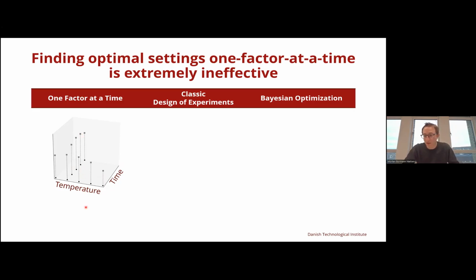And this is extremely ineffective for anything that is moderately complicated, simply because there's no guarantee that you will find an optimal solution, even when it exists within this playing field that your factors are defining. And it becomes very confusing and complicated to keep track of what you have tested if you just do this in an Excel sheet or on a piece of paper, which is, again, what most of industry does today.